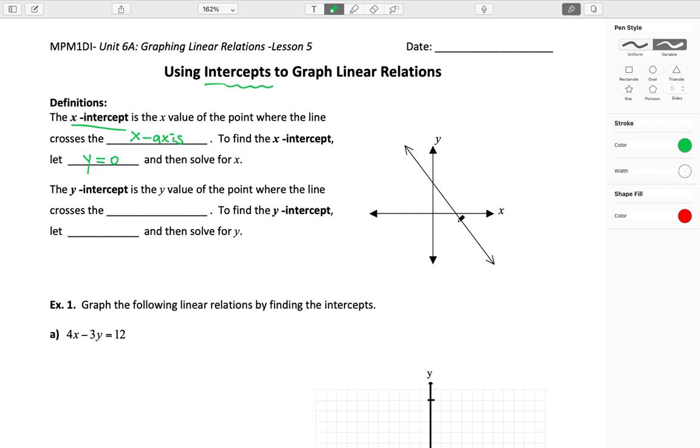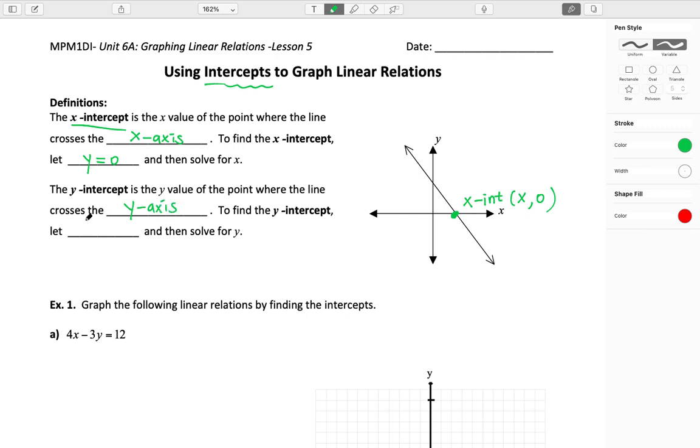On this graph, you will notice that the x-intercept is on the x-axis over here. This is the x-intercept, and it's always x, comma, the y value is 0. On the other hand, the y-intercept is the y value where the line crosses the y-axis.